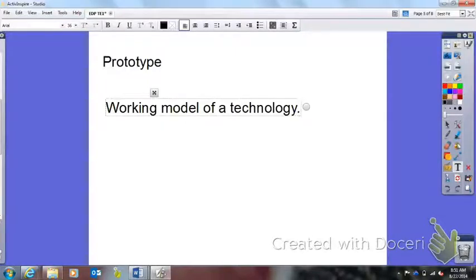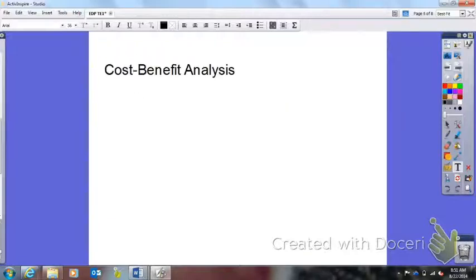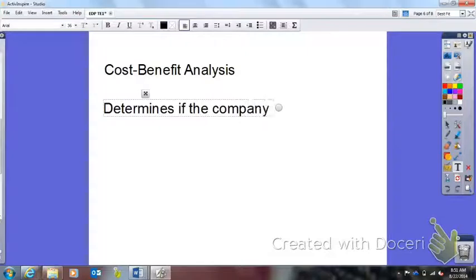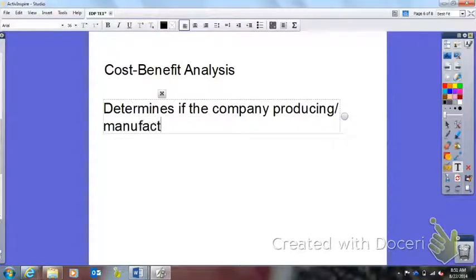All right. The next word we need to define is cost-benefit analysis. Okay, and what the cost-benefit analysis does is it determines if the company producing, or I should say manufacturing, the technology will profit.